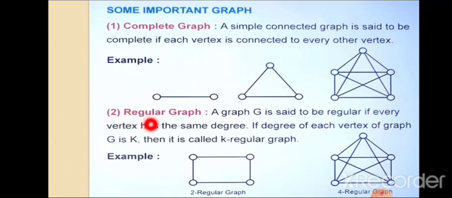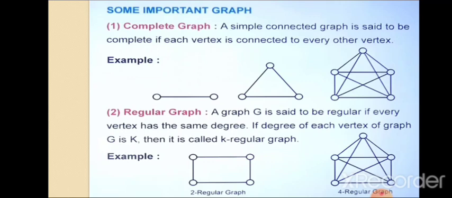Next is regular graph. A graph G is said to be regular if every vertex has the same degree. If the degree of each vertex of graph G is k, then it is called a k-regular graph. Like here, if we take this vertex, then its degree is 2 because there are two edges connected to it. Here also it will be 2. Similarly, at the bottom also it will be 2.